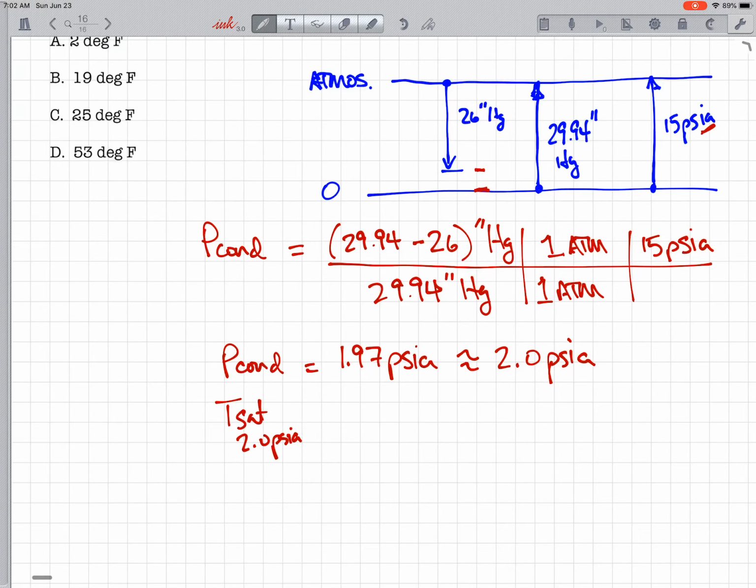I always go to table 3, the superheated steam, because it's easiest to work with, in my opinion. So on page 15 you'll see that we have absolute pressure of 1 pound per square inch and absolute pressure of 5 pounds per square inch. We can still interpolate 2 pounds, but let's try table 2.